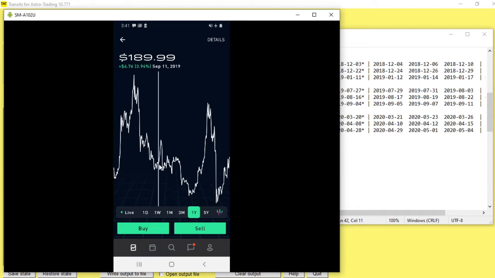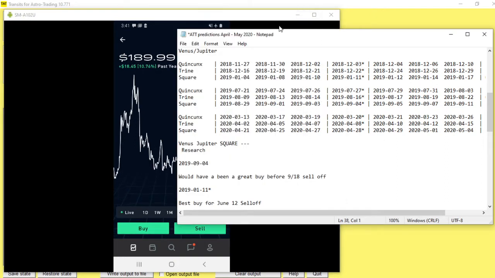So it makes sense. If Mercury is well aspected, especially to Jupiter, that aspect will definitely make it expand. Hope you got that.